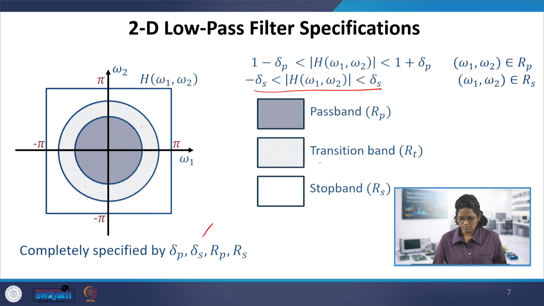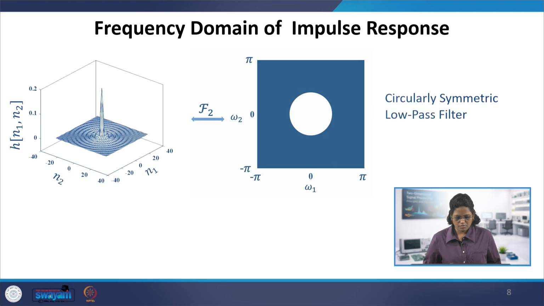We can also visualize this when we design the filter. The filter specifications are delta p, delta S, and the regions of support RP and RS, or the cutoff frequencies. If we know RP and RS, then we can design the filter. Suppose we have the impulse response; taking the Fourier transform gives the circularly symmetric h of omega 1 comma omega 2, and we can take the inverse Fourier transform to get the impulse response, as we saw through the equations.